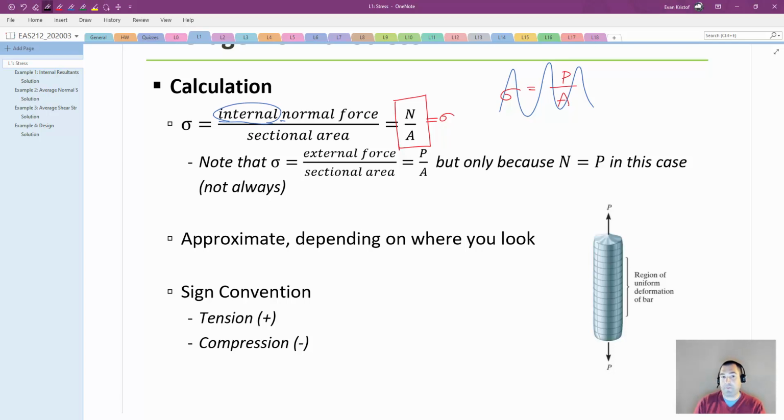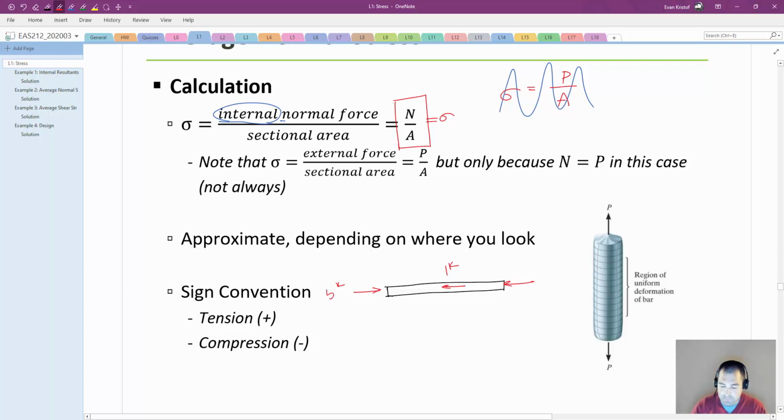Now, in a lot of simplified examples, the external force P will be the same as the internal normal force N, but not always. So for example, what if I had a column that looked like this? If I had two kips right there, and one kip right there, actually, let's make this even bigger.